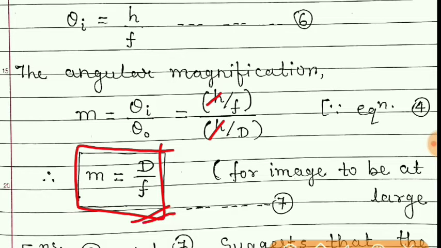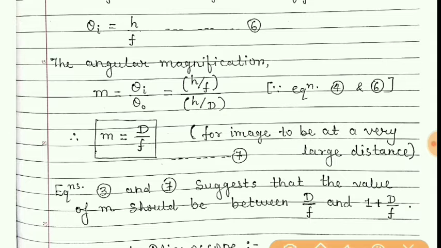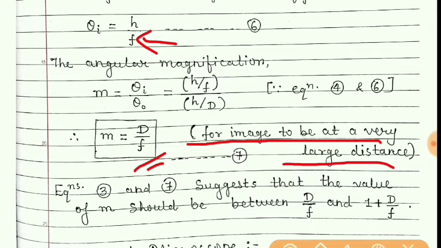So magnification for a simple microscope is obtained to be d by f. Simple microscope means a magnifying lens. But remember, this is for an image at a very large distance, because the object is kept at the focus, so the image will be at a very large distance.